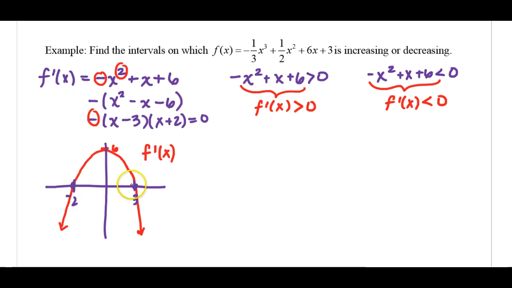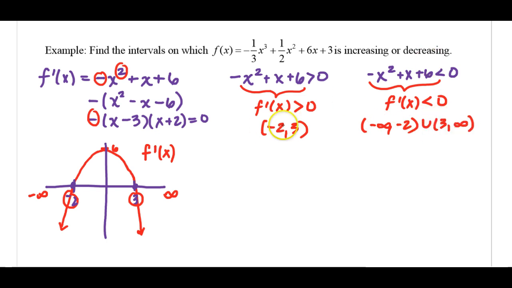I'm looking at the x values on which this graph is above the x-axis. So that occurs from negative 2 to 3. So f prime of x is positive from negative 2 to 3, and f prime of x is negative, or below the x-axis, from negative infinity to negative 2, and from 3 to infinity.